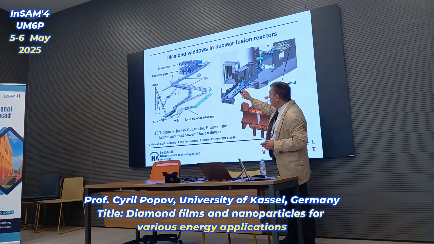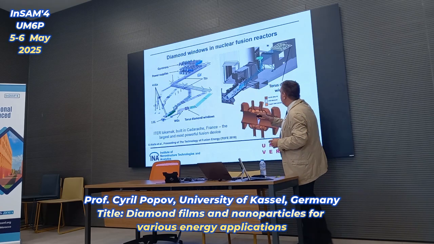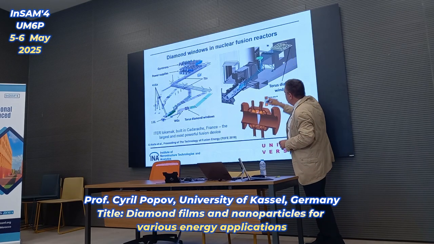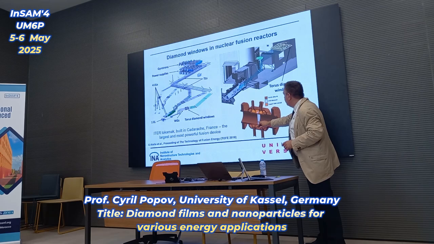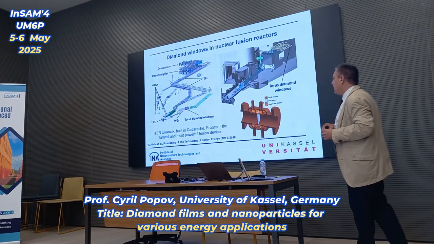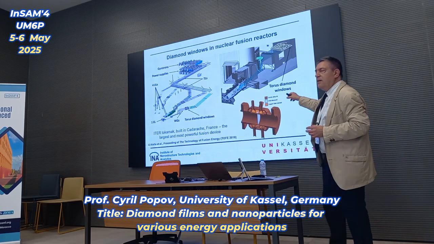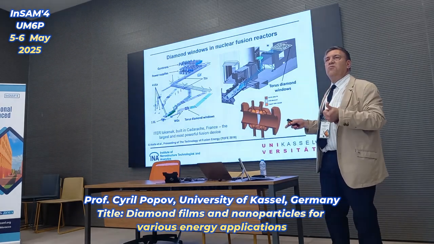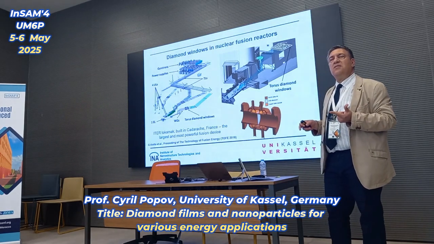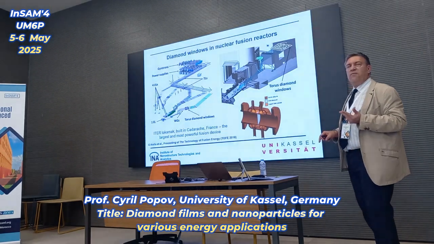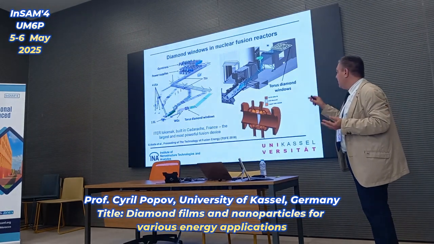You see the gyrotrons, you see the torus part of the system, and here is the diamond window, which is mounted together with these metal parts and should provide all these specifications: be transparent, isolate the system from radioactive particles, but provide high thermal conductivity, etc.